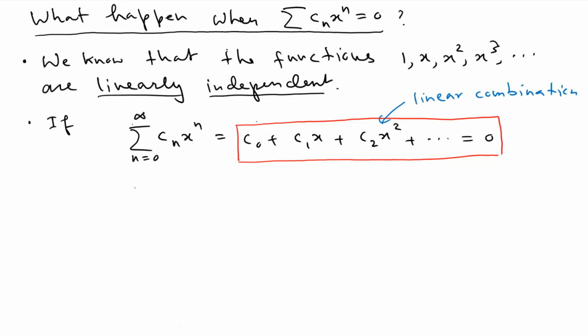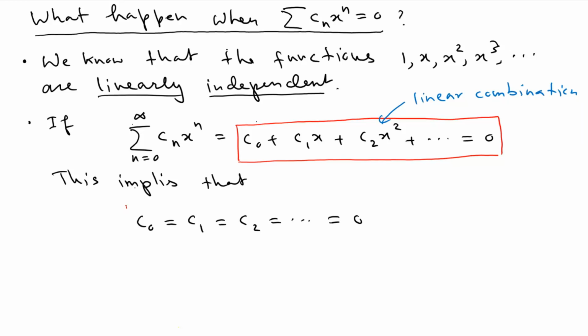By the definition, because we know that those functions are linearly independent, this implies that all those constants c0, c1, c2, like that, are all equal to 0.